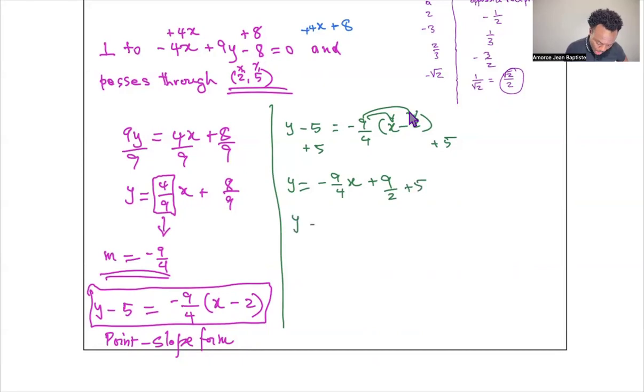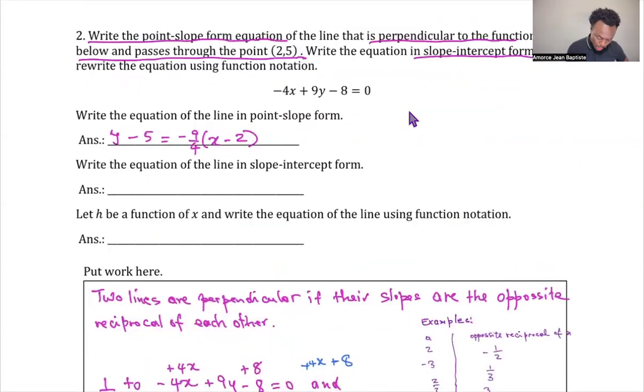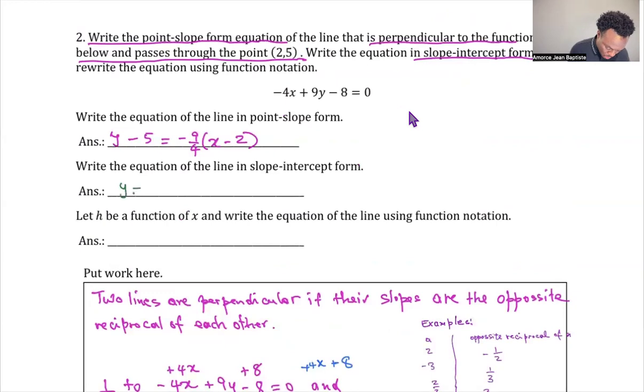So we're going to have y equals negative 9 over 4x plus 19 over 2. So that's the slope-intercept form.